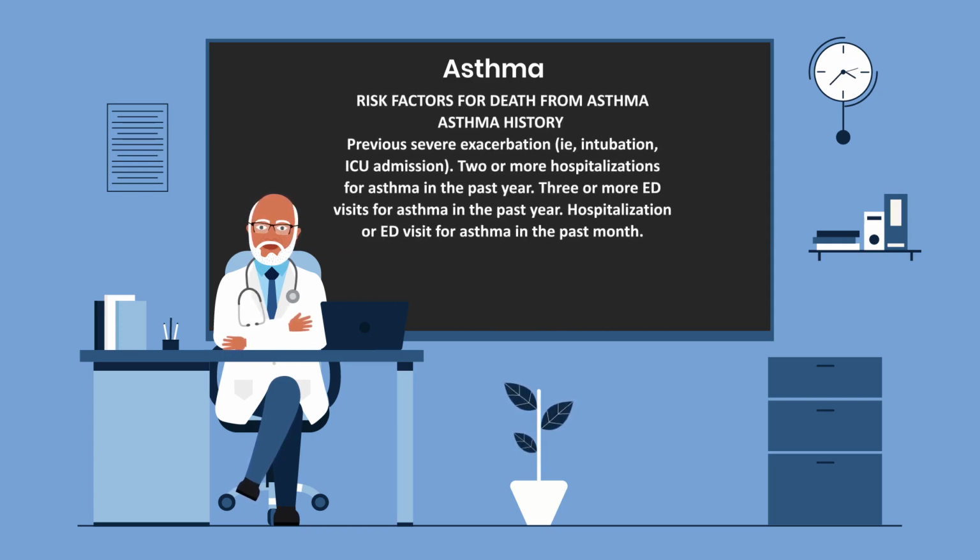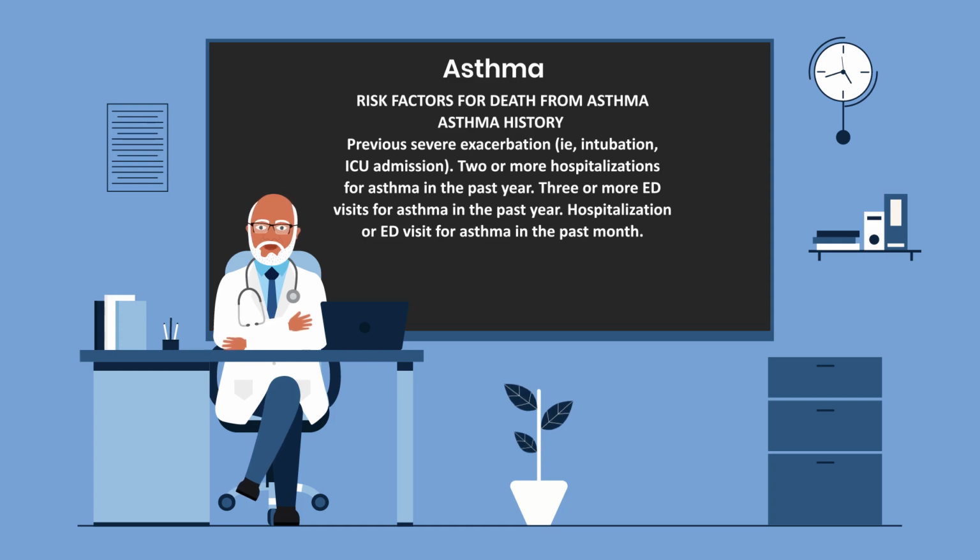Now, what are the risk factors for death from asthma? Let's talk about the asthma history. If these patients who come in for asthma treatment, if they've had previous severe exacerbation, namely intubation or admission to the ICU, that's a very telltale warning. Pay attention to that.